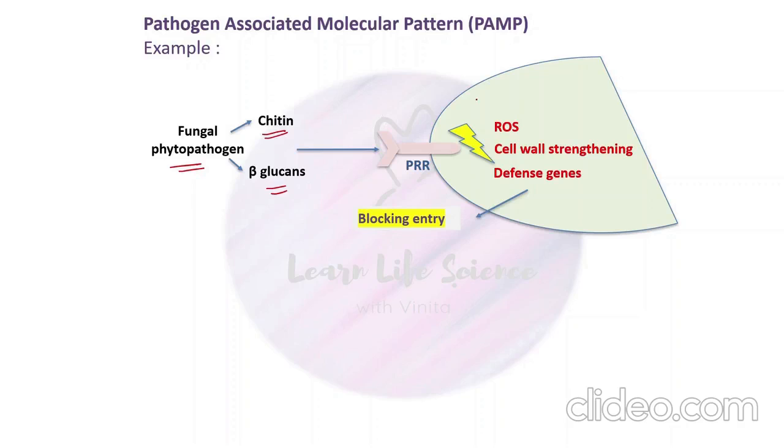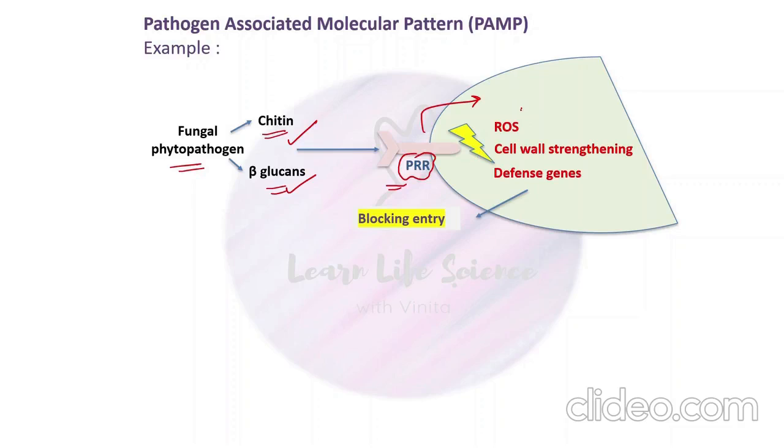In this case, you can see that the plant system consists of pathogen related receptors that are specific to such compounds. Once these compounds are detected by the receptor, there is induction of several signaling responses in the plant system.